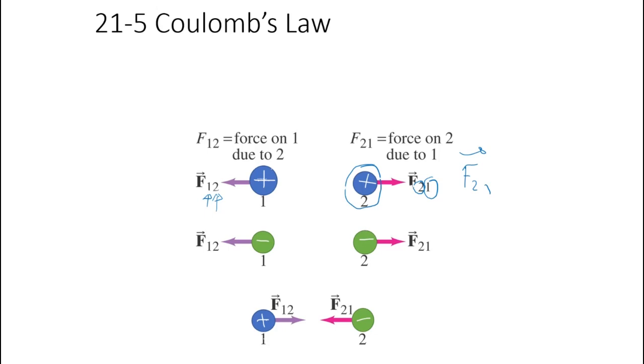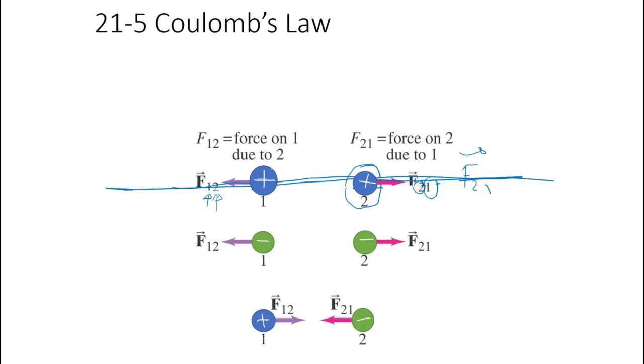Now, remember, these forces are always along the line that passes through the charges. So you pass the line through the two charges and the force will be on that line. It can be repulsive or attractive. In this case, Q1 is pushing Q2 away. Same thing, the force on Q1 is pushed in that direction because the sign is the same, it will push it away.